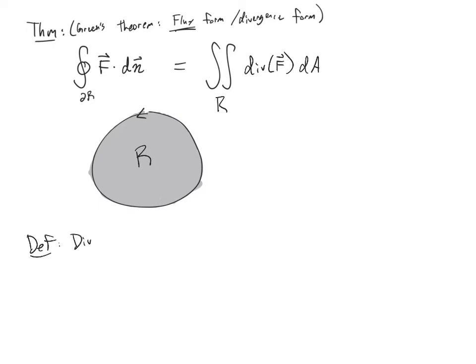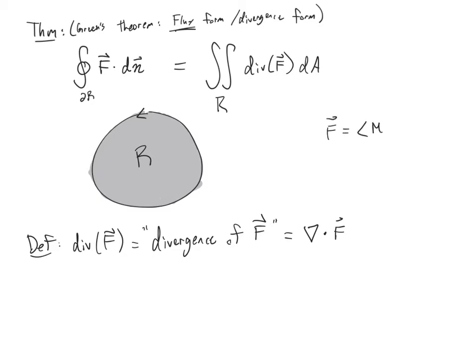The divergence of f, and I should write this d with a lowercase d, that is standard, which is called the divergence of f, is also written as nabla dot f, and this is going to also tell us how to compute it, because if f, in our case, is m comma n, then nabla is d dx comma d dy, and taking a dot product is just taking a dot product.